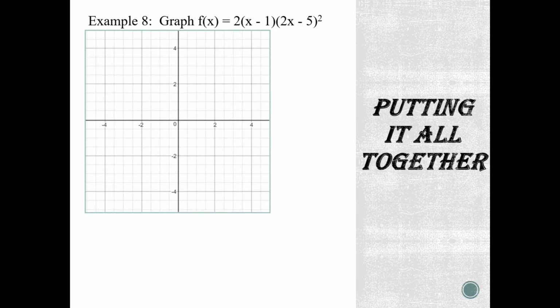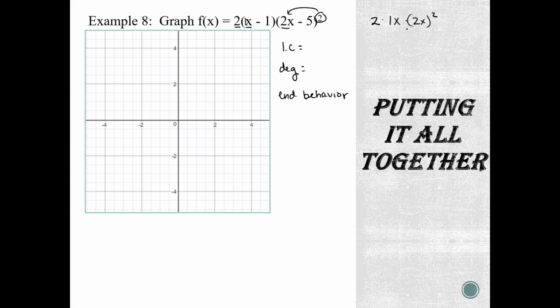So let's put this all together here. So the first thing I want to do is look at the leading coefficient and the degree to figure out the end behavior. That's where we're going to start. Okay, so the leading coefficient, if I multiply these things out, I notice I have a 2, I have a 1x, and then I have a 2x that is squared, okay?